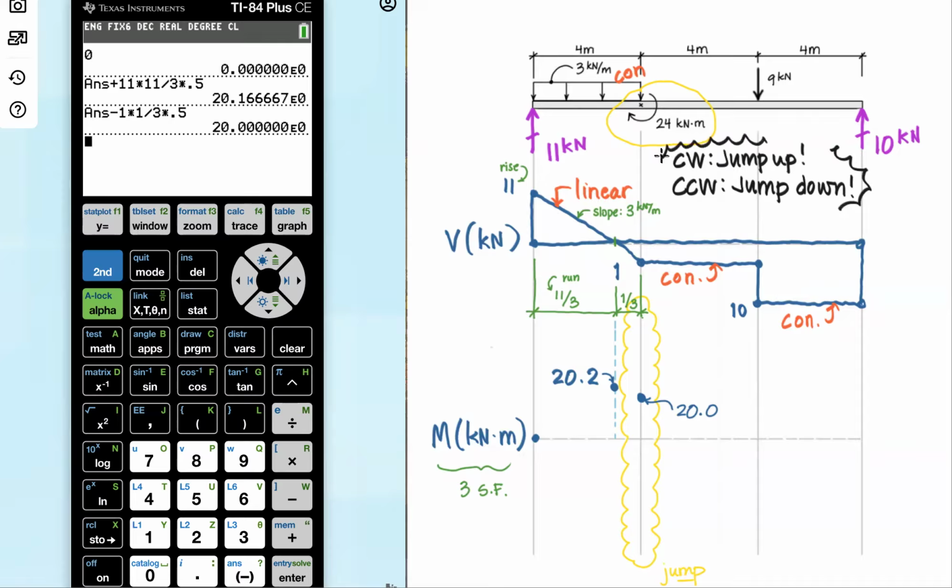I'm not going to take the time to explain why in this particular video. I have that in other videos and texts and examples. So for now, we're going to take that at face value and say that that applied moment is clockwise. Therefore, we're going to jump up or increase by 24. So let's add 24 to my running moment summation that I'm doing over on the left. 20 plus 24 gets me up to 44.